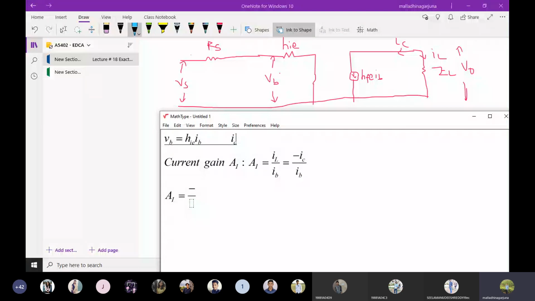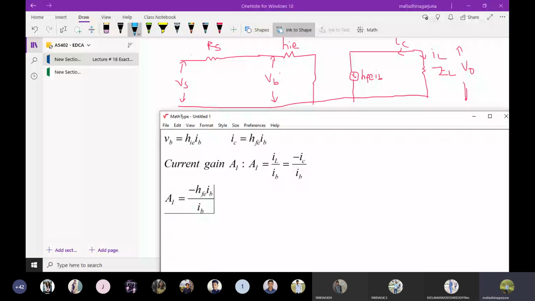VB equals HIE IB, and IC equals HFE IB. These two are the basic equations. So AI is equal to IC by IB, where IC is HFE into IB, divided by IB.